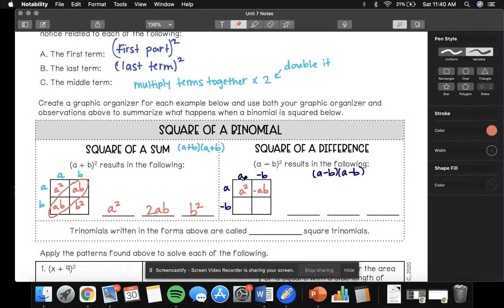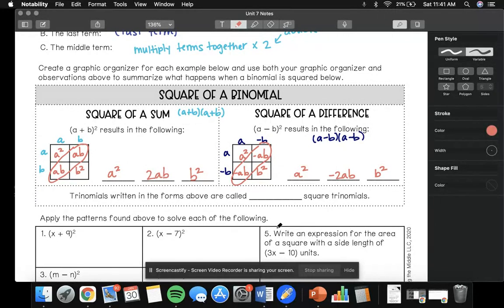Negative B times A, again, I'm going to put alphabetical. And then negative B times negative B would actually become a positive B squared. Then if we combine like terms, we have 1A squared, we have two of the same things, so negative 2AB, and then we have 1B squared.